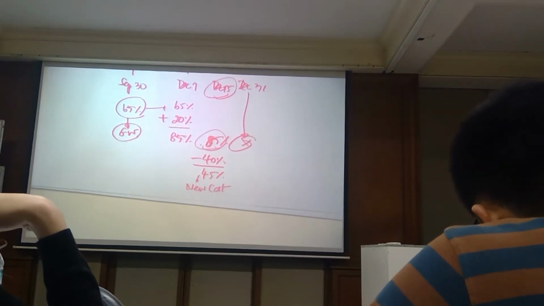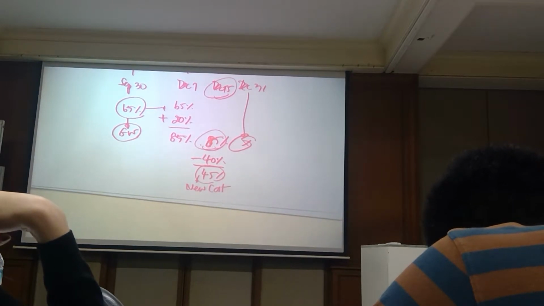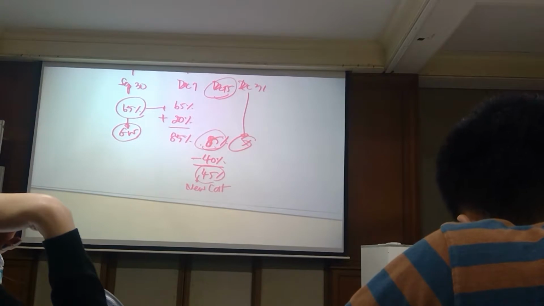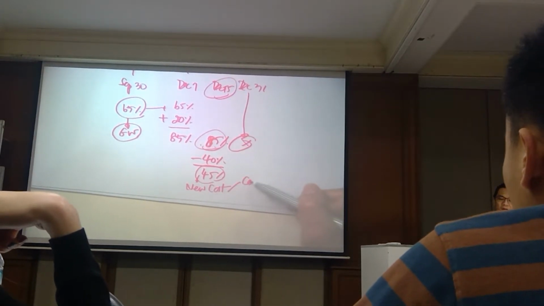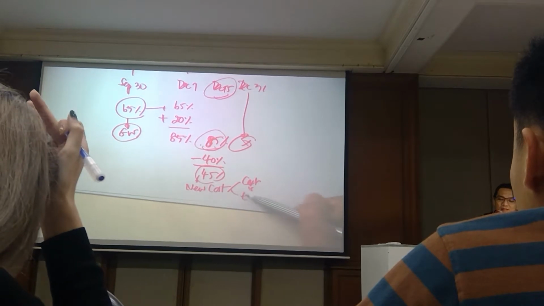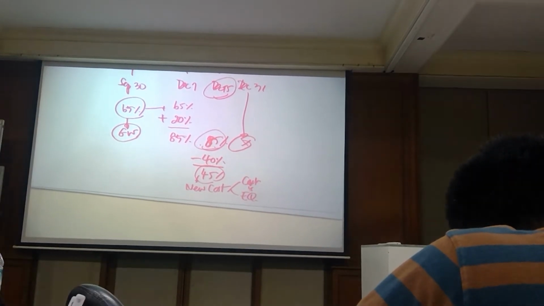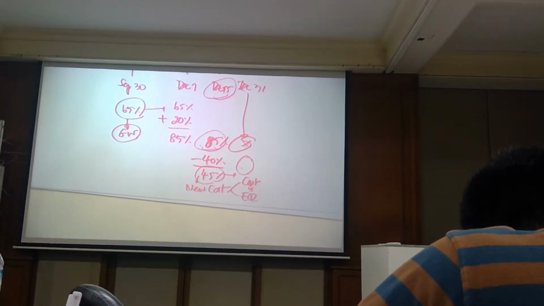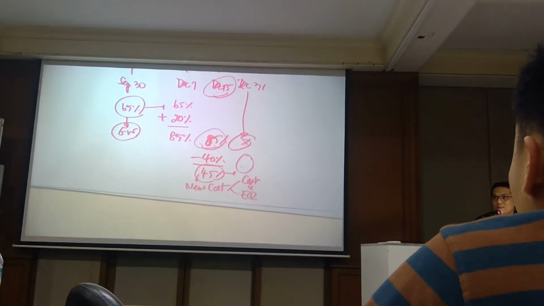In this case, of course, at 45% it's an associate, right? Choose cost or equity, and still carry on into December 31st. Then you know how to do it later.